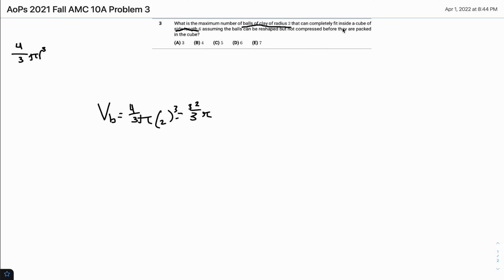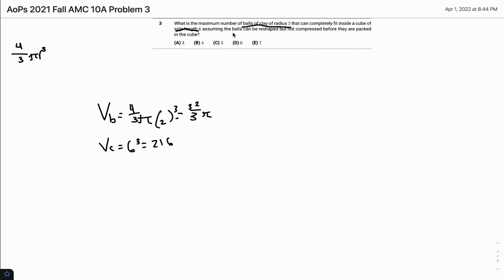And next we want to find the volume of a cube with side length 6. The volume of the cube is just length times width times height, and that is just 6 cubed, which is 216.